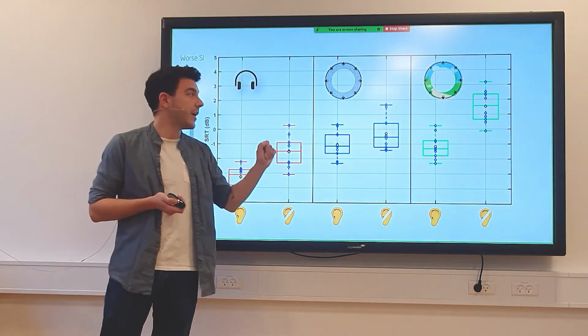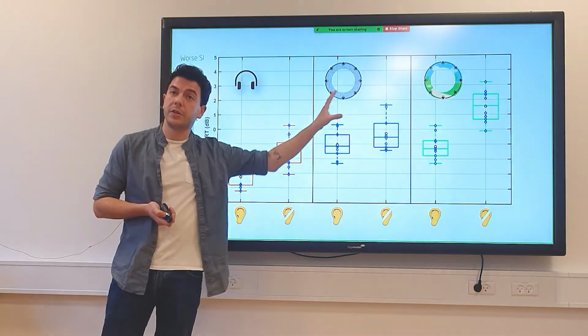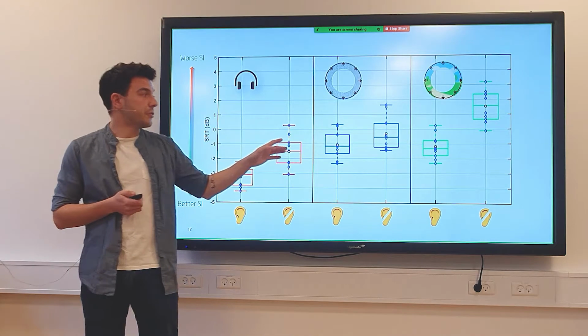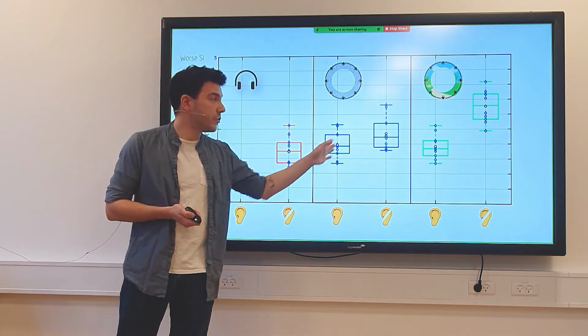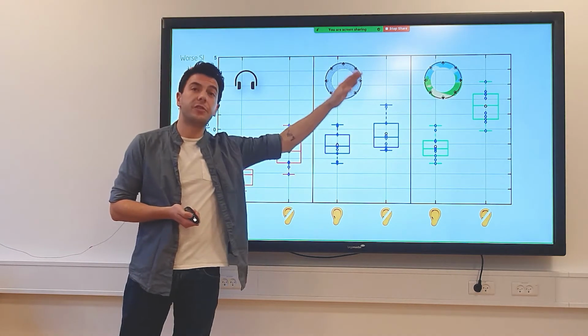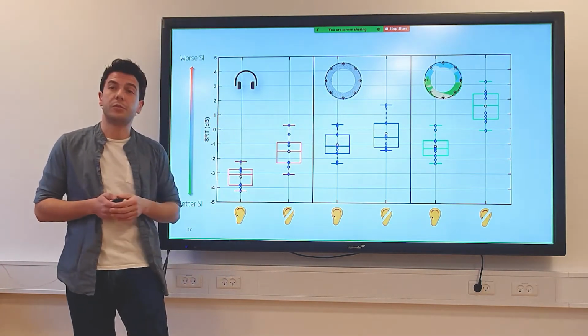And then if you look at how the blue box plots in the center relate to the green ones on the right, there's another interesting observation, namely that results for the normal hearing people don't really seem to change compared to the hearing impaired, which gets significantly worse between these 2 conditions.